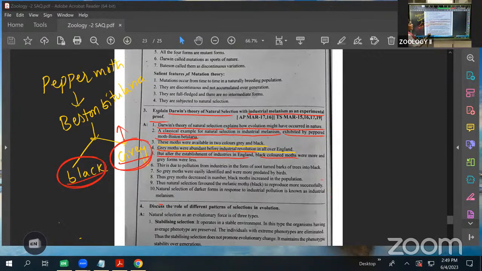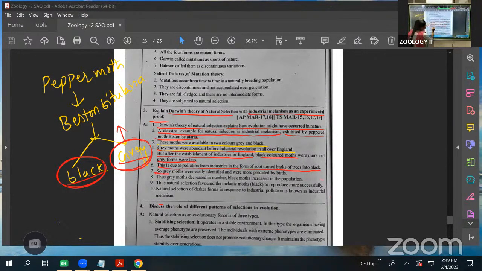Clear this one. See this one. After establishment of industries in England, black moths were more and gray moths were less. This is due to the pollution from the industries forming soot, which turns the bark into black color. Here prey means predators.